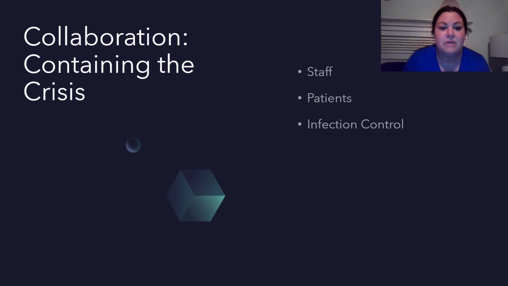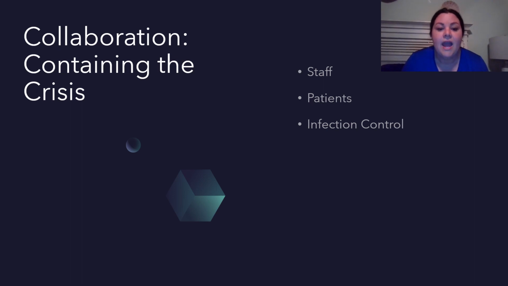Infection control should be reinforced on an ongoing basis, but specifically during an outbreak, including the use of competency-based training and monitoring, including practices like hand hygiene, environmental cleaning and disinfection, and using personal protective equipment. Those who are going to be key collaborators for containing the crisis include staff, patients, and infection control.